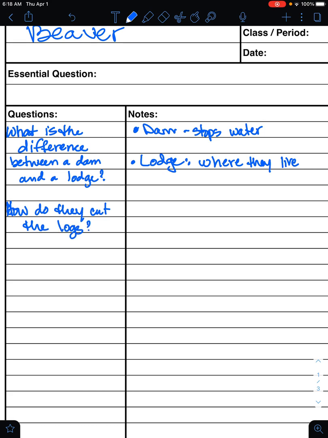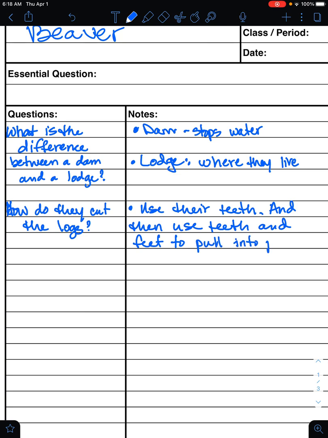And then you would look in the article to find out they use their teeth and then use teeth and feet to pull into place.